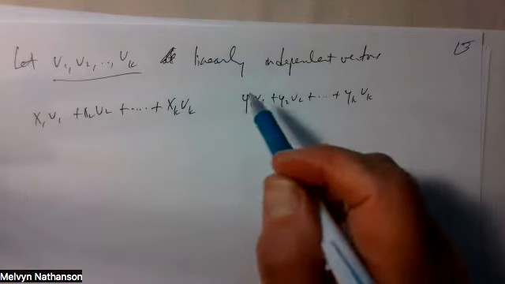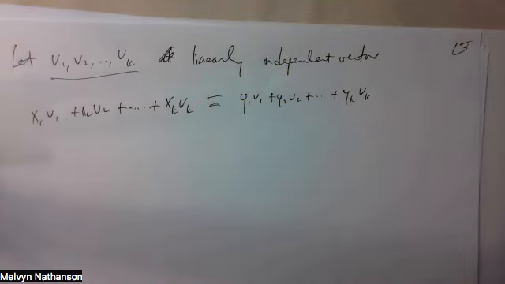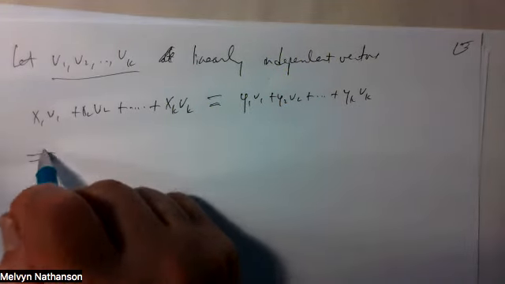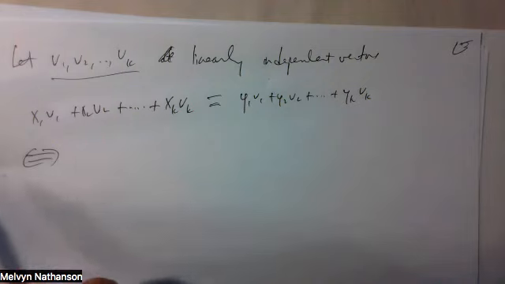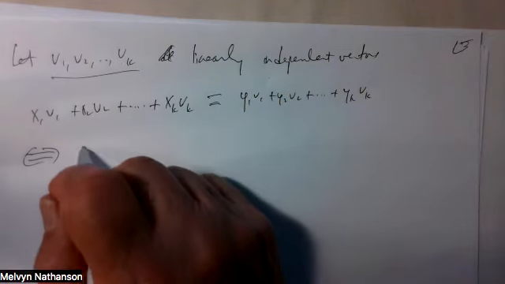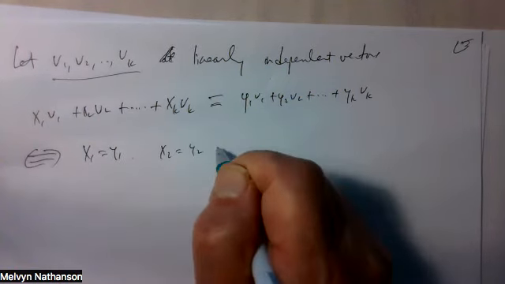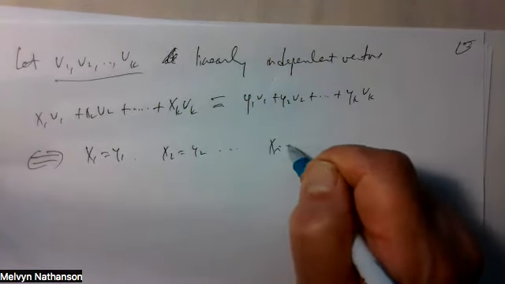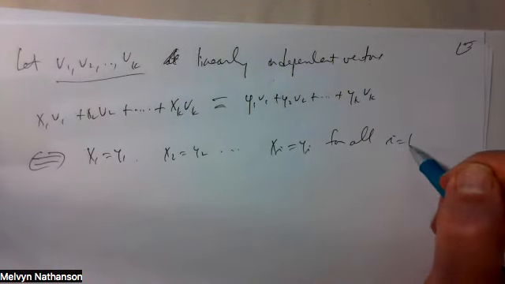If, in fact, these two linear combinations are equal, that is, they give the same vector, this only happens if and only if there's only one possible choice for the coefficients: x1 equals y1, x2 equals y2, and in general, xi equals yi for all i going from 1 up to k.